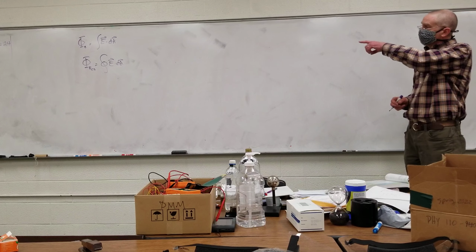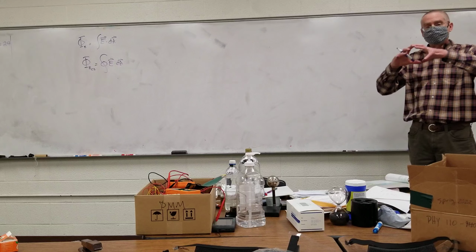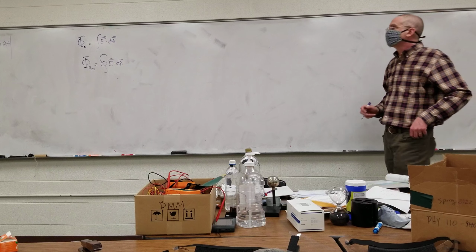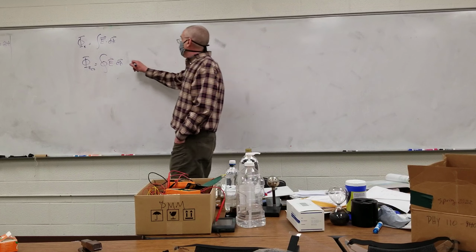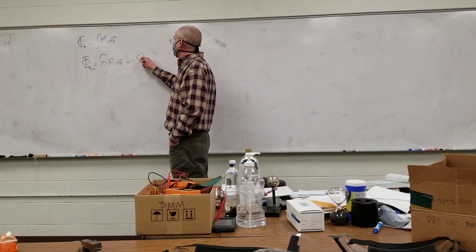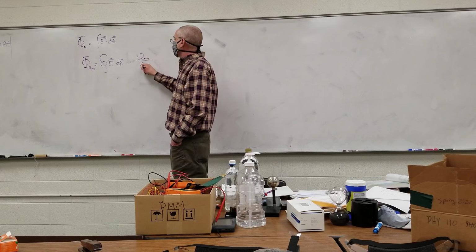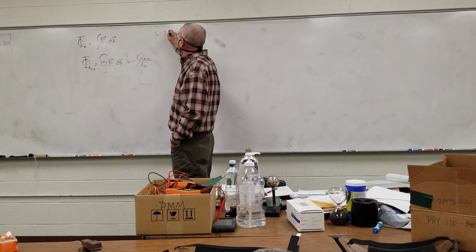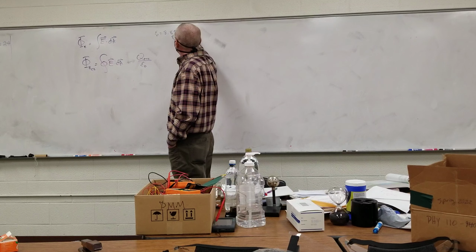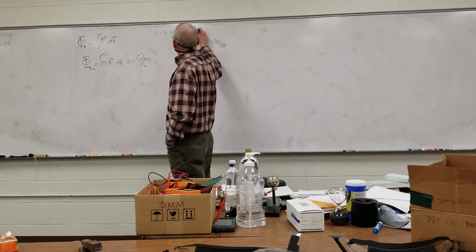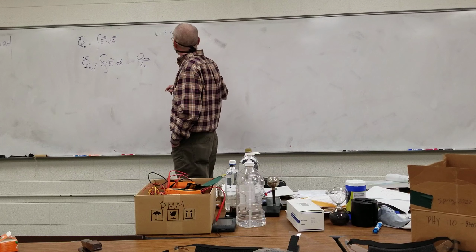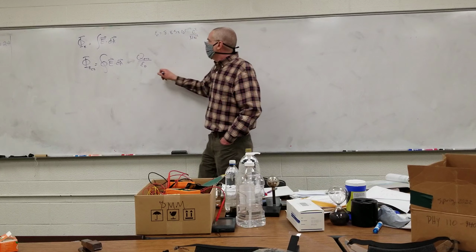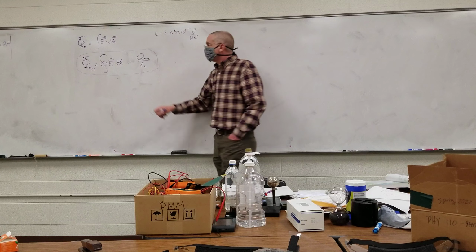The fact that it's with respect to the area means that we're dealing with some sort of closed surface. And that would be equal to the charge enclosed divided by this constant epsilon sub naught, where epsilon sub naught is 8.85 times 10 to the negative 12 coulomb squared per newton meter squared. This is Gauss's law of electricity.